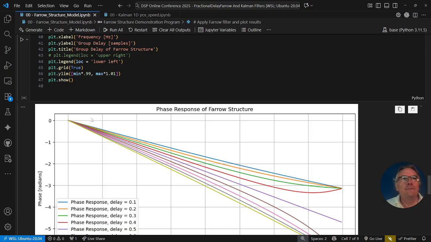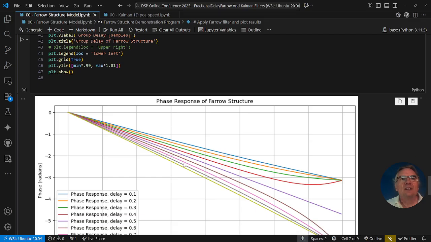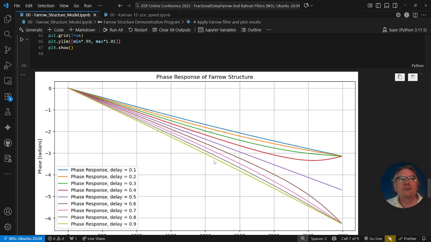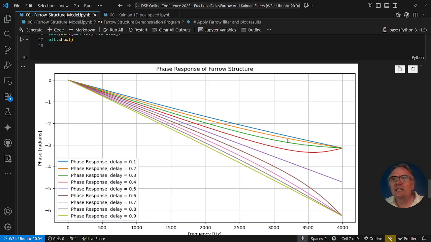And here we have our phase response graph. And of course, you can see these are all nice and linear, with obviously the phase delay being dependent on that mu factor through the filter. But interestingly, as we get up to the higher frequencies as we're approaching Nyquist, you can see that these tend to diverge.